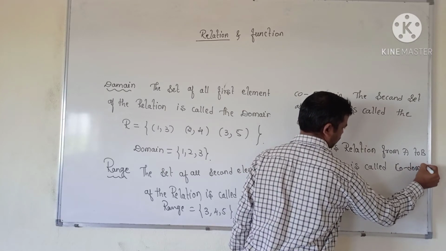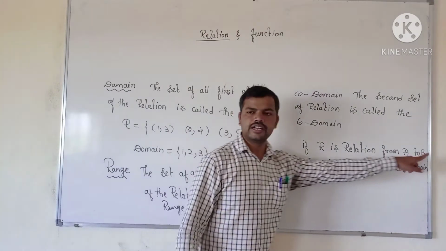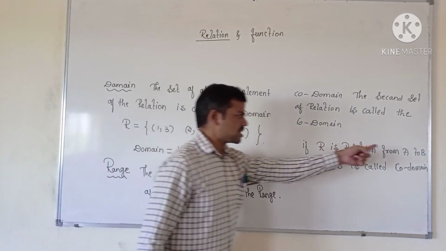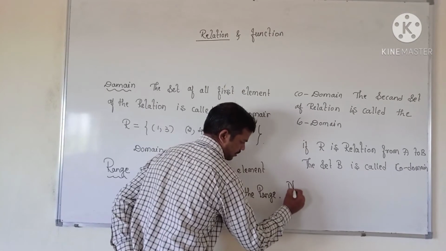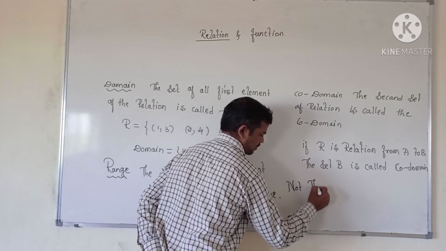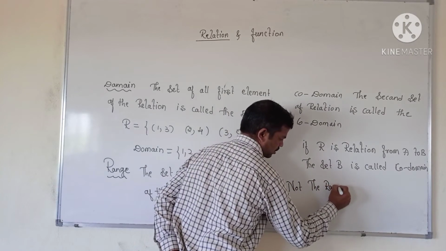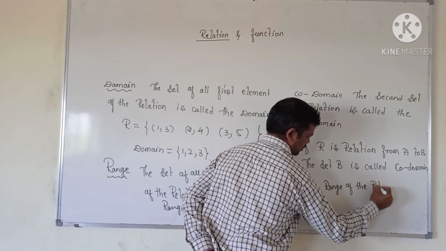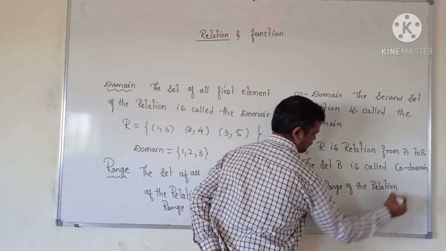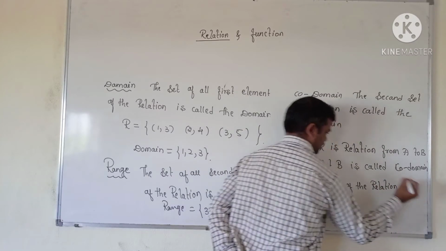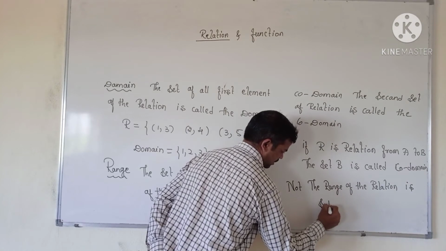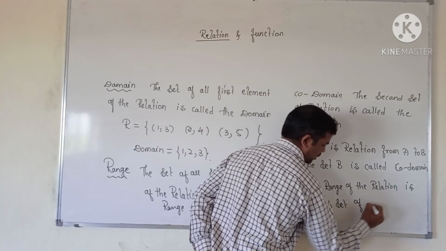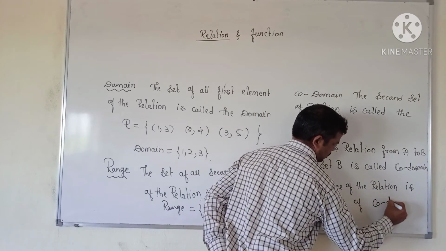The second set is the codomain. Next, the range is always a subset of B. Note that the range of the relation is a subset of the codomain.